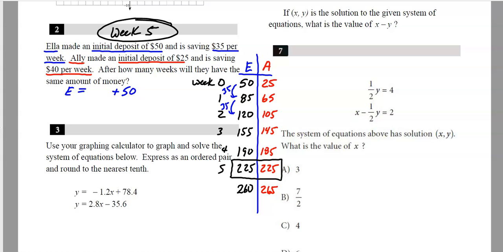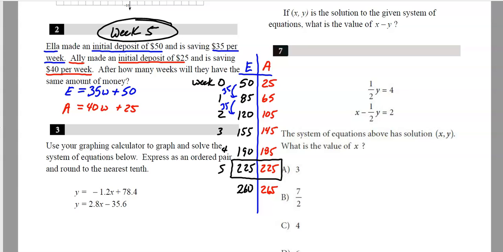So that's the slope. That's the rate of change. So it's $35 times every week. And if you want to do Allie, we could do Allie. She starts at 25, but she has a steeper slope. She's going up 40 times W. Looks kind of weird.